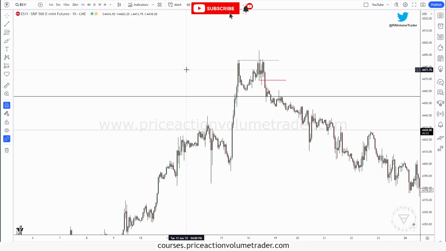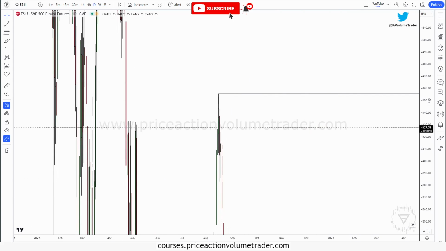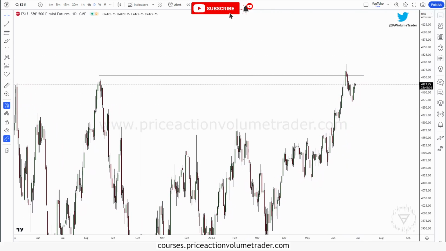So for example, we have here the futures market, the S&P, and in this case, I'm going to zoom out into the daily chart just to add context to this chart. You can see here we had a very important swing high.